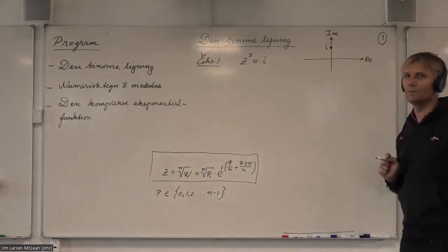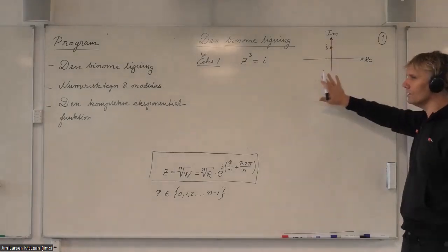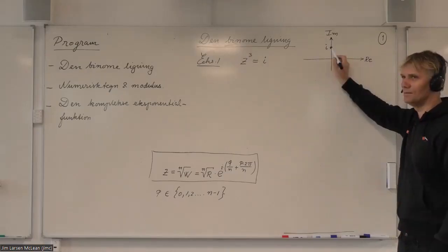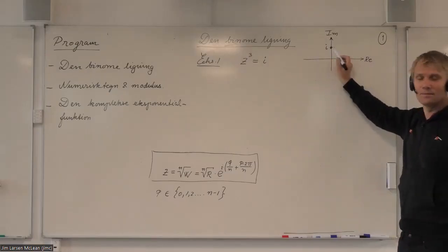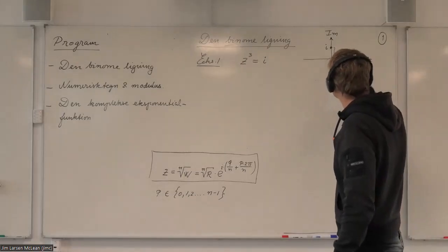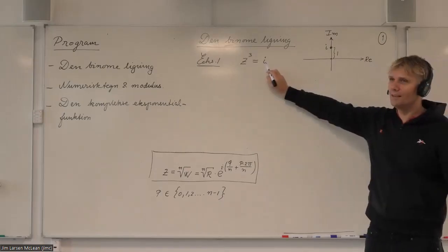That's the imaginary unit. So what we're looking for is whether there are any points on the complex plane that, when multiplied by themselves 3 times, end up there. How far is it from here up there then? Well, the distance is 1. And that means that the modulus of that number is 1.